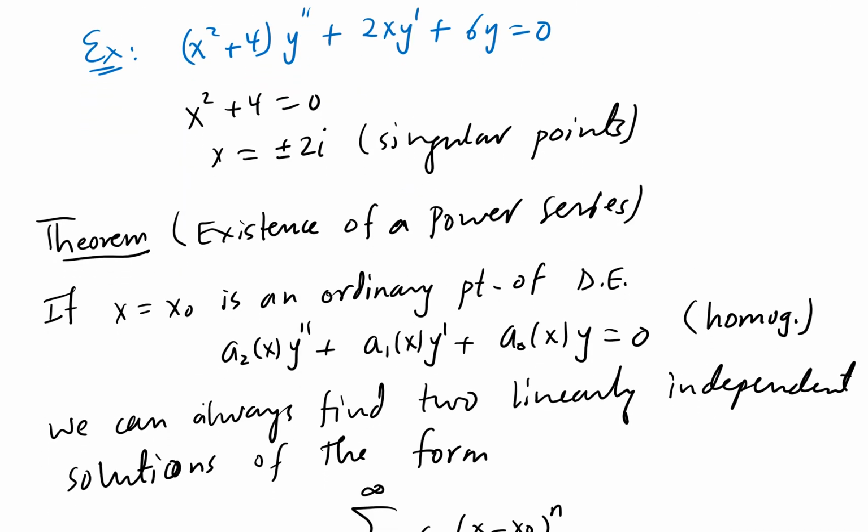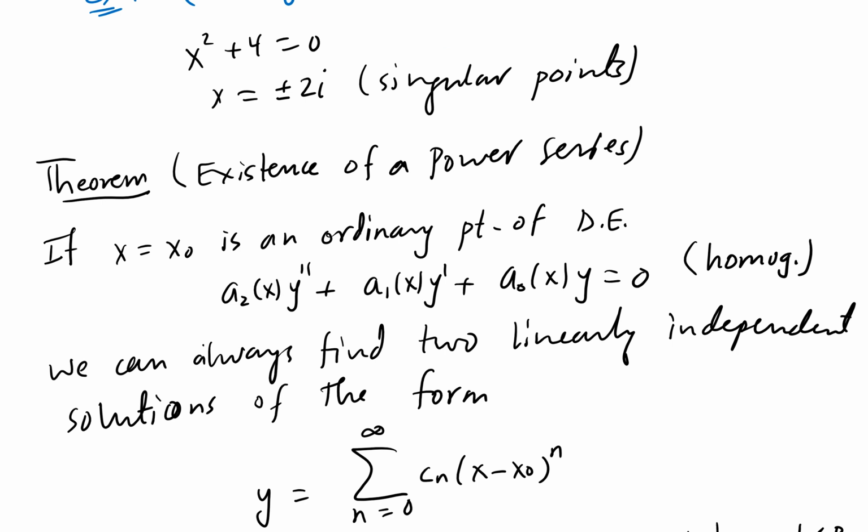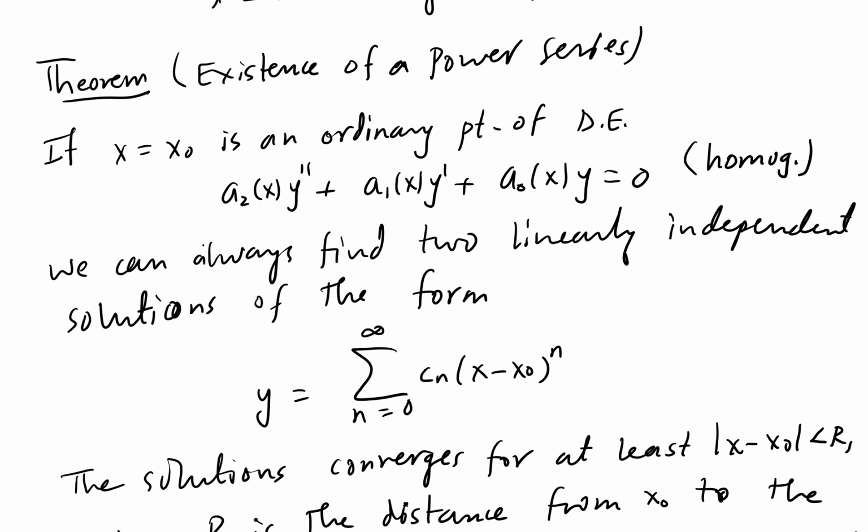So a theorem I'm going to introduce here: if x equals x0 is an ordinary point of the differential equation, so first you make sure you test that x equals x0 is really an ordinary point, for this homogeneous differential equation a2(x) y double prime plus a1(x) y prime plus a0(x) y equals 0, we can always find two linearly independent solutions of the form of a power series, y equals the sum of cn (x minus x0) to the n.